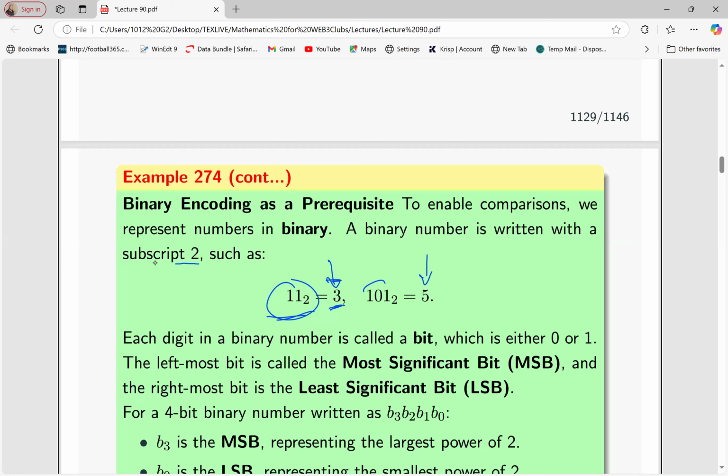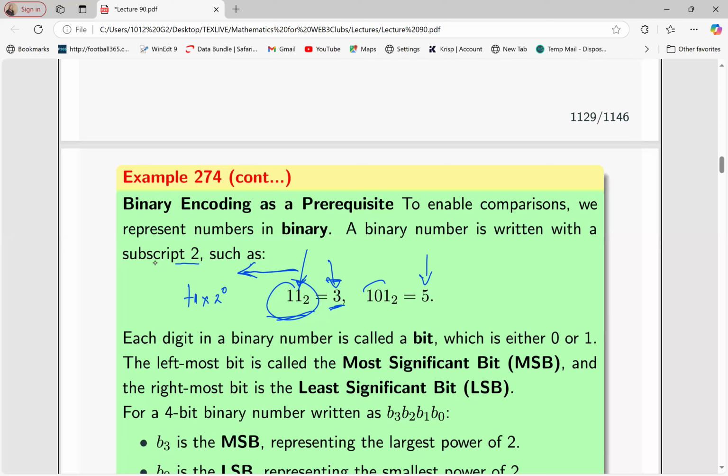How do we do that? This is the least significant value. The significant values increase this way. So the least significant value is multiplied by 2 raised to 0.